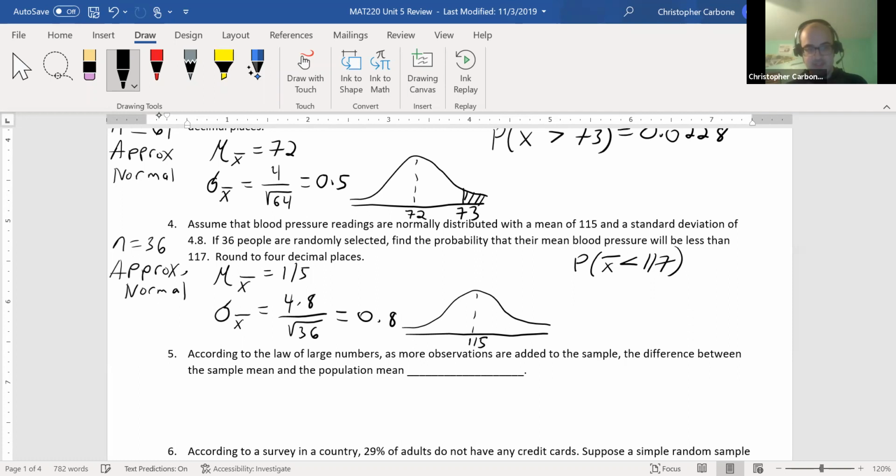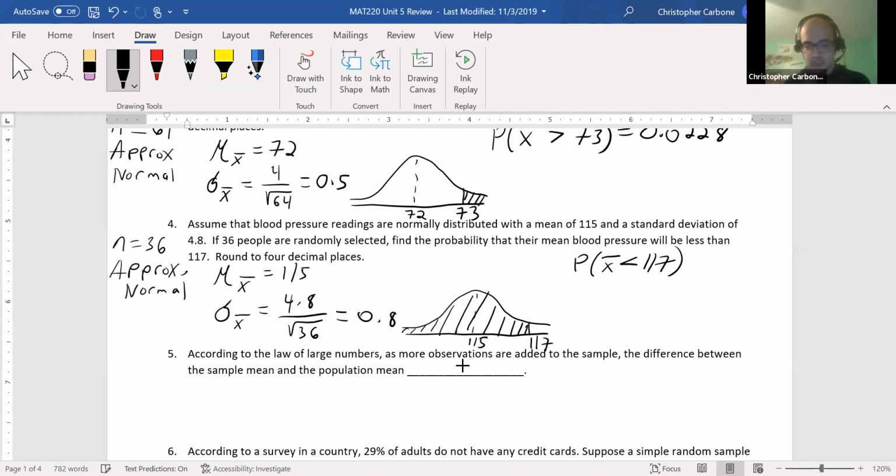Based on this standard deviation, this would be more than 2, so let's say about right here. And we are referencing the area below that. Actually, this graph is going to be a little bit off, but that's okay.